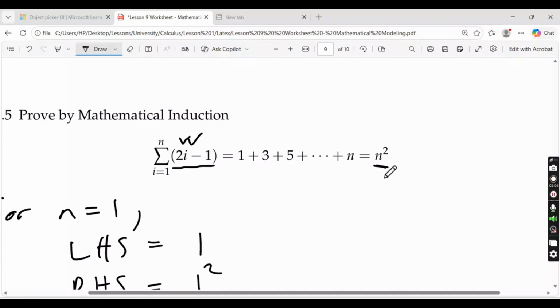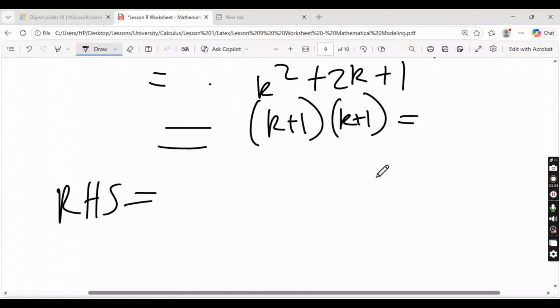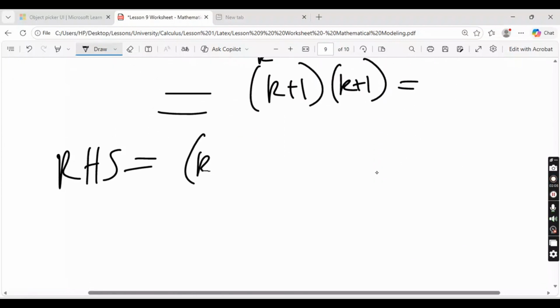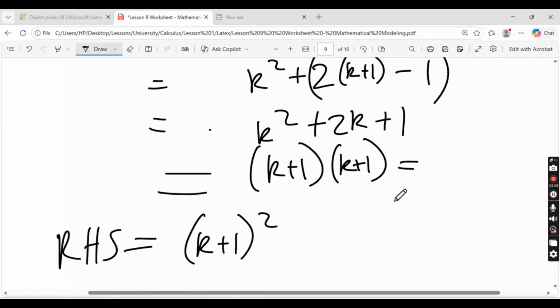Okay, so it's just k squared. k plus 1 squared. Yes, k plus 1 squared. Okay, is our left hand and right hand the same? Yes. It's the same. Then we say this is true.